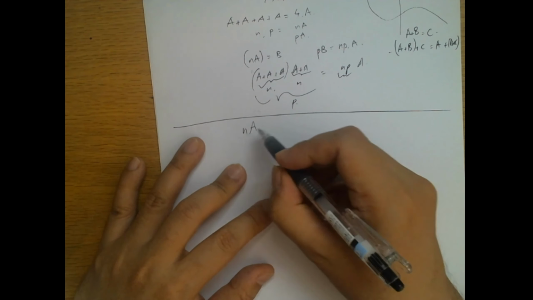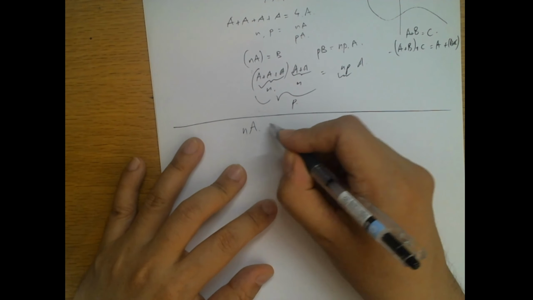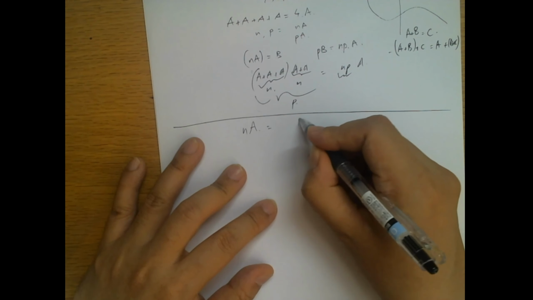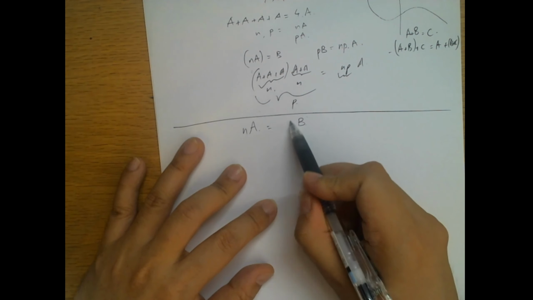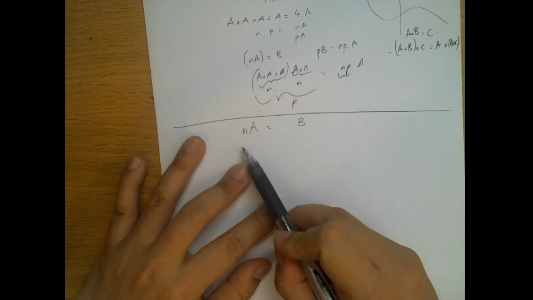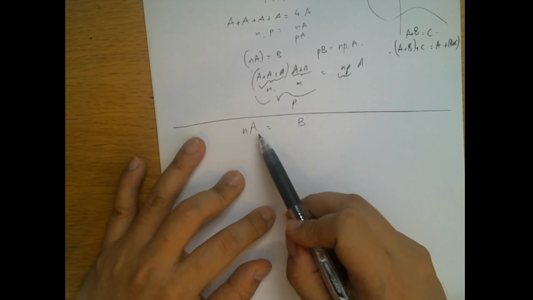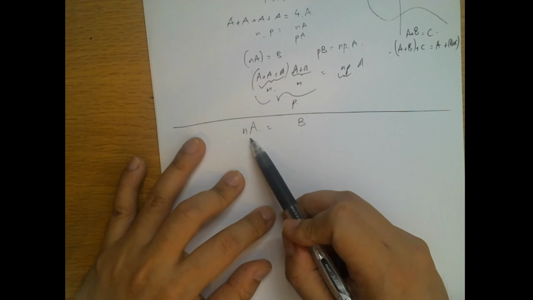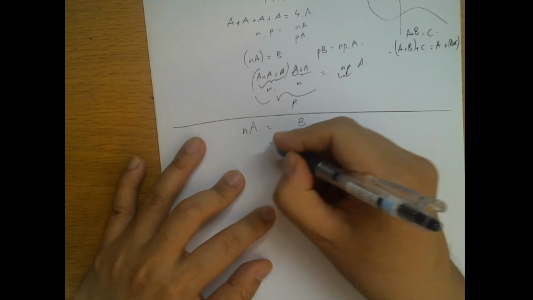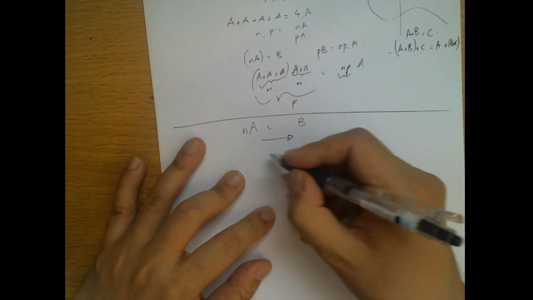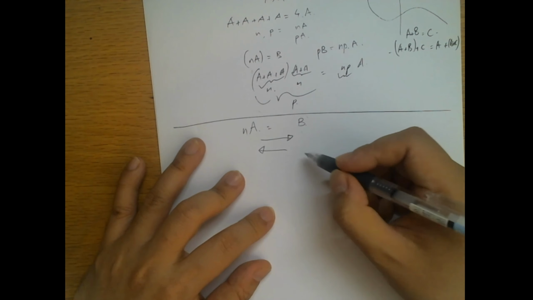But once you have, so let's call this point B. Once you have B, even knowing that B is A added many times, so you know A, you know B, it's extremely hard to find n.